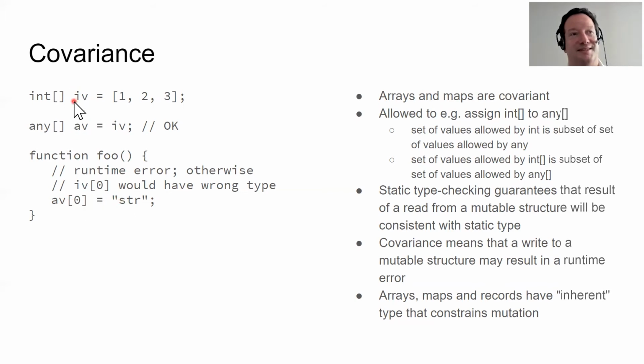But whoops, suppose I allowed that assignment. This array is referred to by both AV and IV. If we allowed this to be modified to a string, then when I access the first member of IV, I will get a string, not an int, which is not what you expect from a statically typed language.